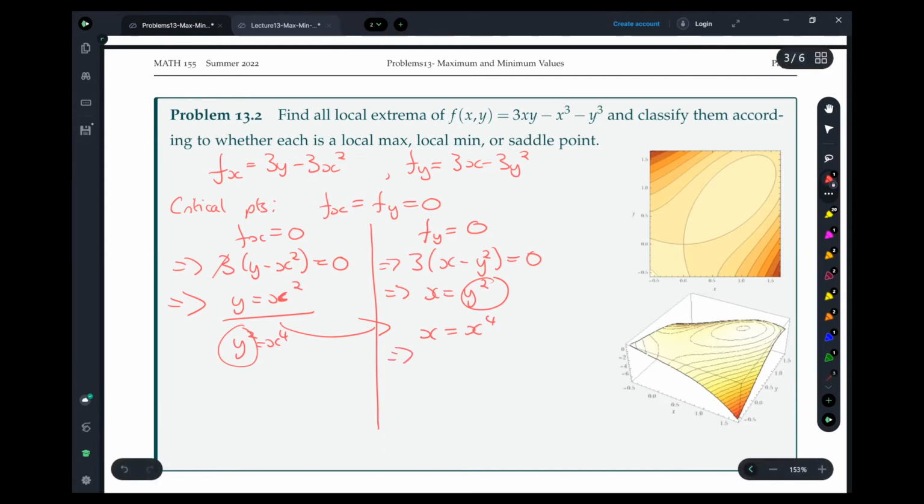We can then take the x to the other side and factor it out. So we have x to the 4 minus x is equal to 0, which we can also write as x times (x cubed minus 1) is equal to 0. So this tells me either x must be equal to 0 or x cubed must be equal to 1. So that tells me that x must equal 0 or 1.